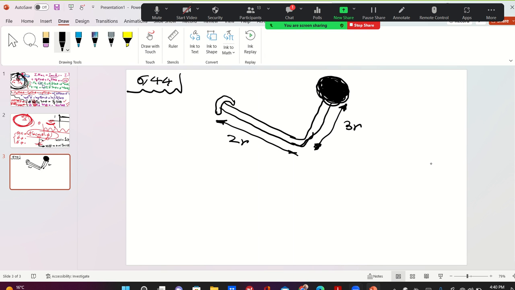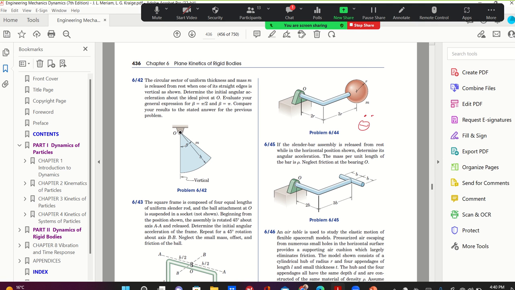Okay, guys, look here. Which force is acting on the system? One of them is the weight. Another is the reaction forces of the bearing, point O. That's right. But we don't care.